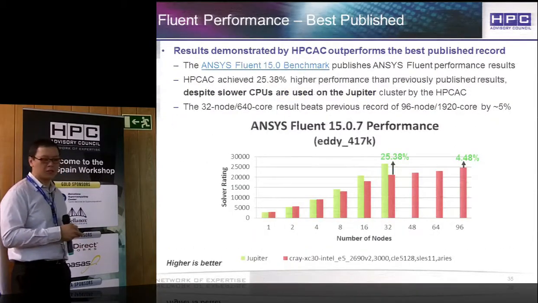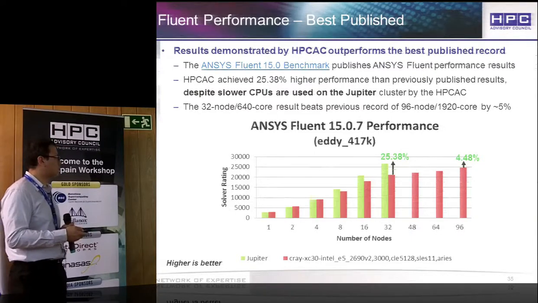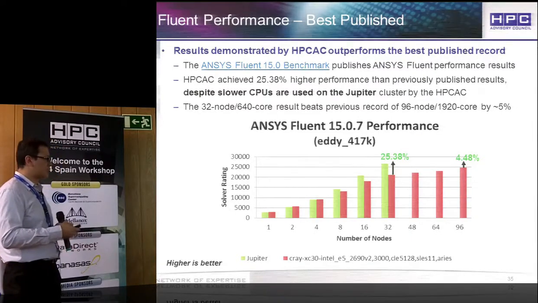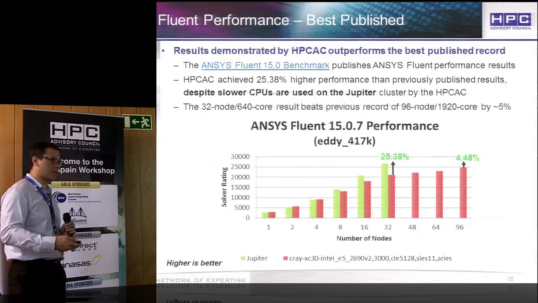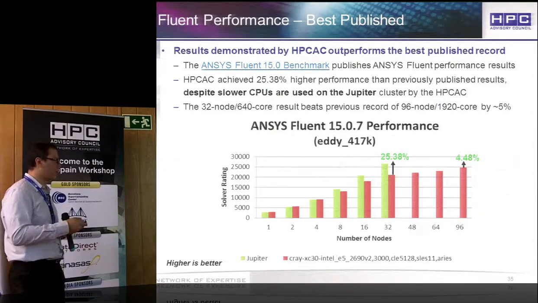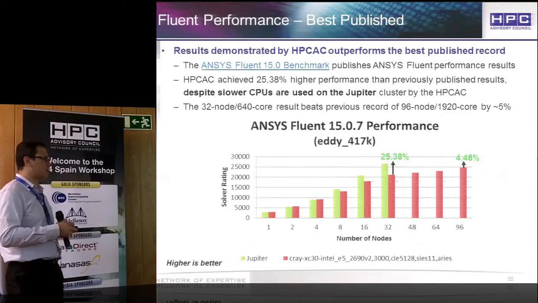I know that I don't have much time, but I'm going for probably one or two slides more. As I mentioned to you, with these kinds of tuning that I've shown you here, using HPCX and tuning flags for MPI, I'm able to get much better performance compared to the best number that's been published, which currently is the configuration listed right here, the Cray XC30 Intel, which runs a slightly higher CPU clock speed.